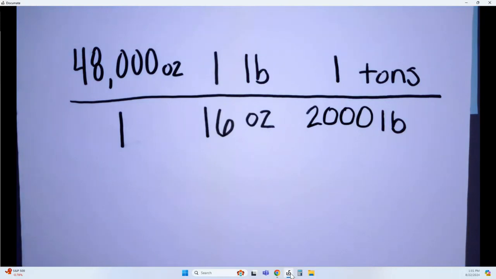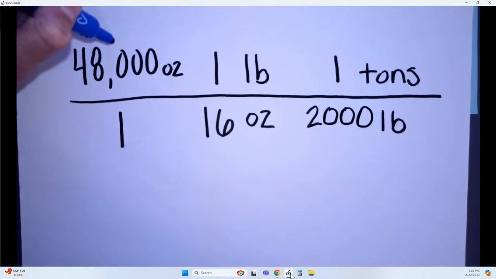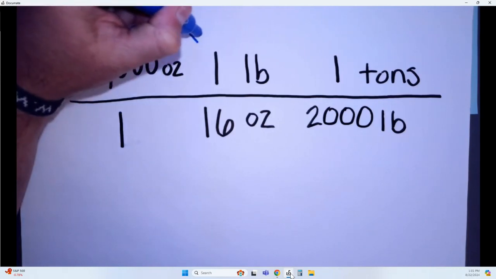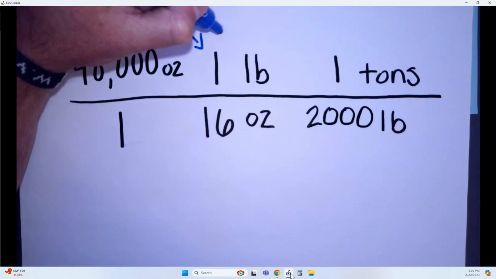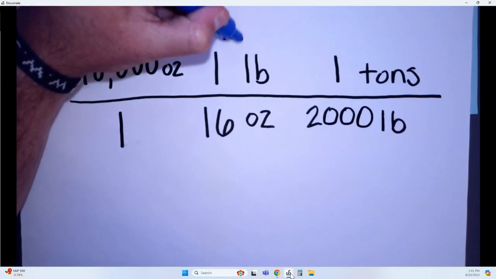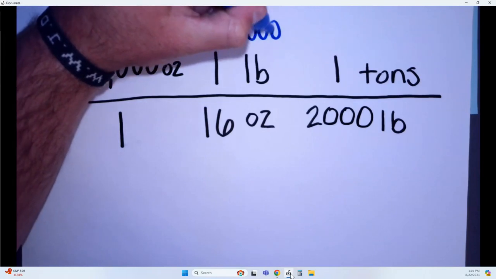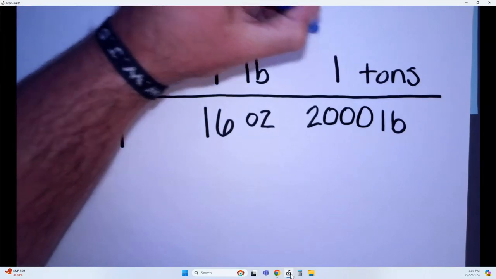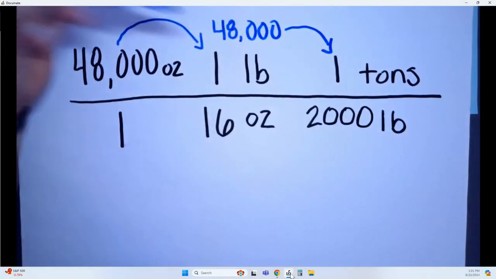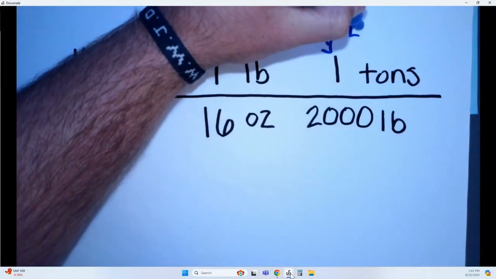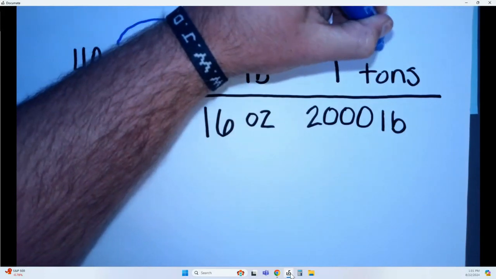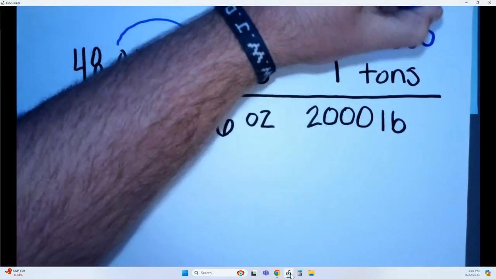Now that we have completed our conversion table, we can go through and do our math. We see 48,000 times 1. That's still going to leave us with 48,000. So we're going to do 48,000 times 1 again, which gives us another 48,000, no change, by multiplying by 1.